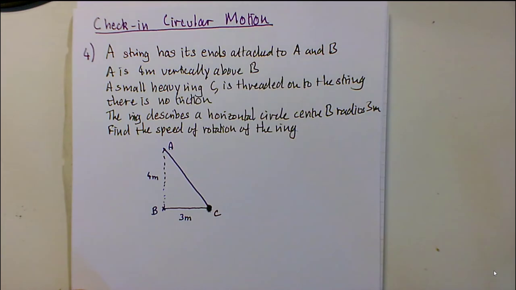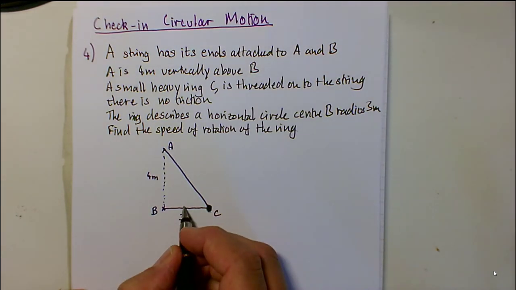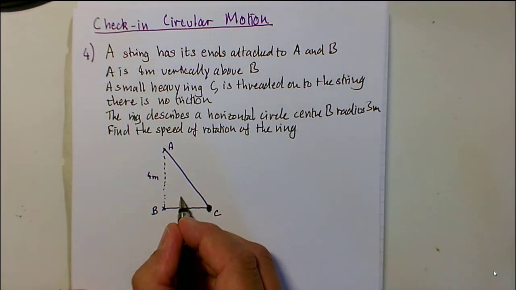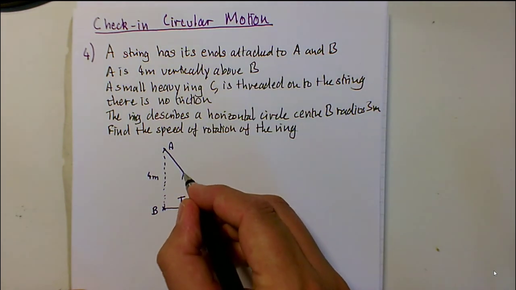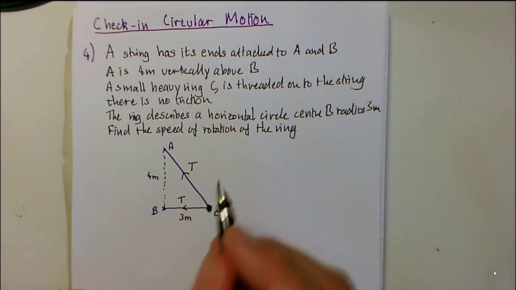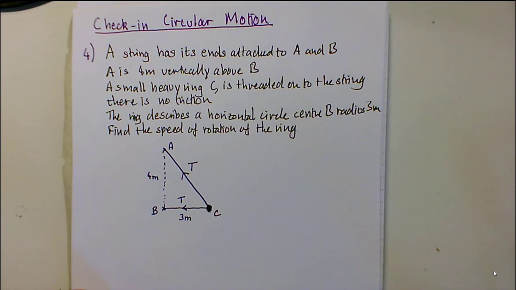What this means mechanically is if I've got one bit of string there and no friction here, the tension at every point on the string is equal. So that is what the diagram looks like. I'm now going to mark up this diagram with all the forces on it, and then I'm going to answer the question.